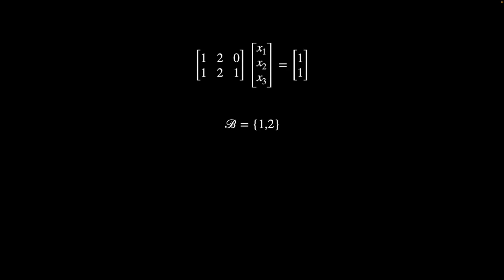So you could check by looking at A basis times X basis. The basis here is 1, 2, so A basis is made up of the first and second columns of A. We build A basis and X basis, but now we can see right away that this A matrix is not invertible because it's not full rank, so we're not going to get a unique solution to this problem.